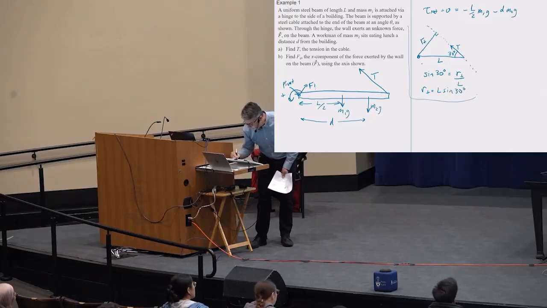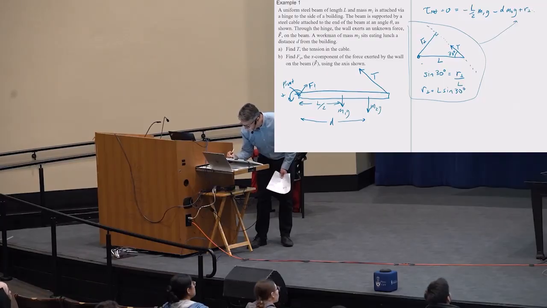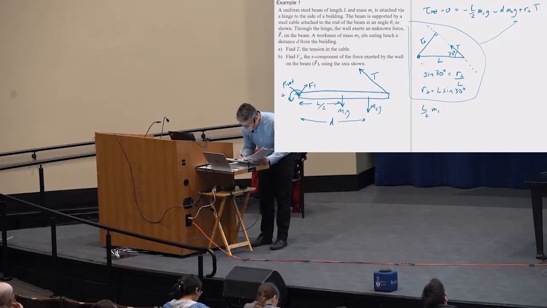So all of this stuff is going to go into this positive R perpendicular T. L over 2 times M1G plus D M2 G is equal to T L sine 30.